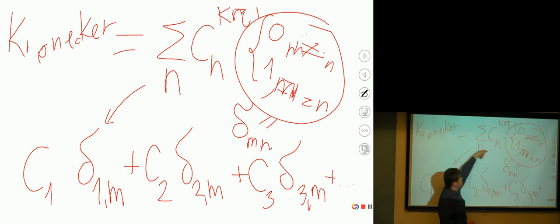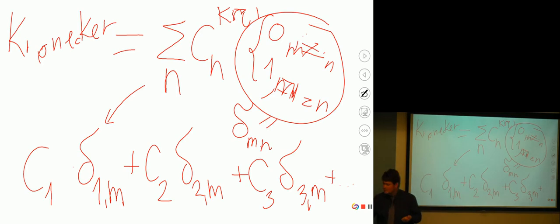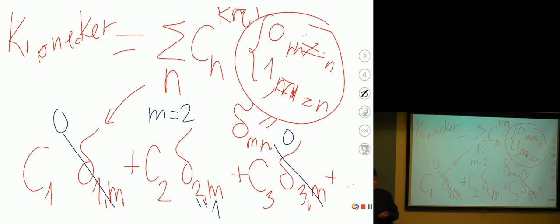So as an input for the symbol, we put the value of m. So suppose m equals 2. Then this one will be 1, and those will be 0. Right? So instead of C1 plus C2 plus C3, it will be only C2. So this procedure parses only one out of a long list.